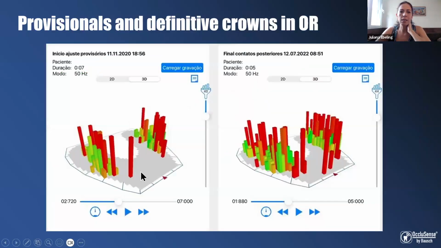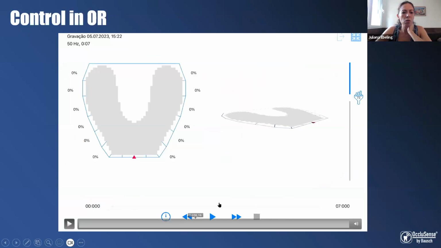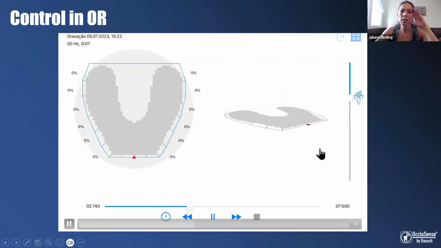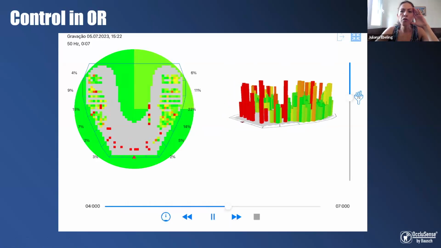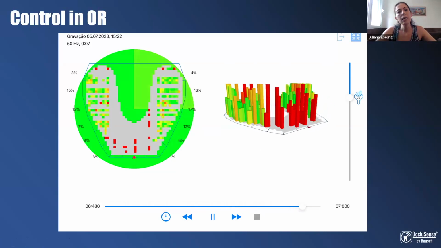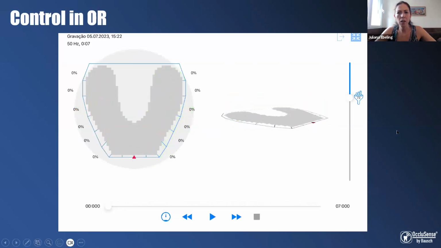And here is how we finish. We decided to finish to better balance the provisional phase and how we finish the final. And here is a control of 1 year. This patient has shown almost 3 years of control, everything stable and working, no movement of the teeth. This patient is very, very well controlled and very stable.